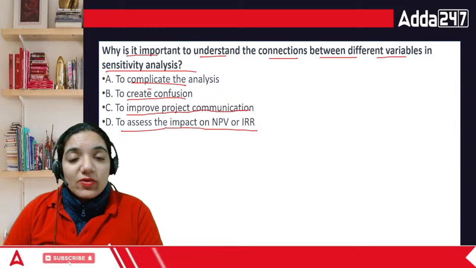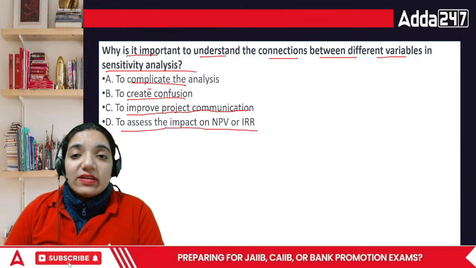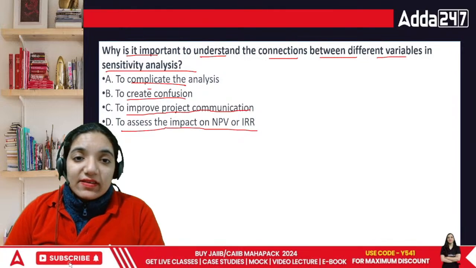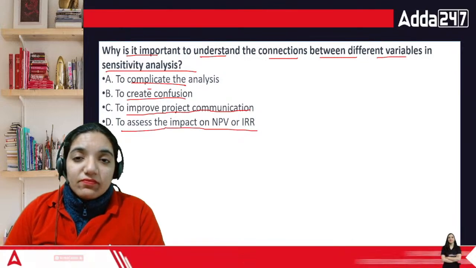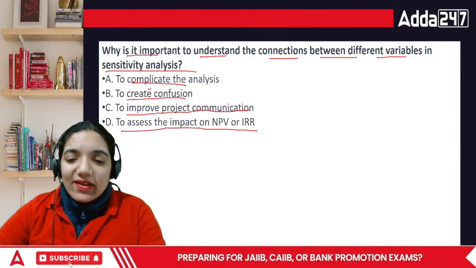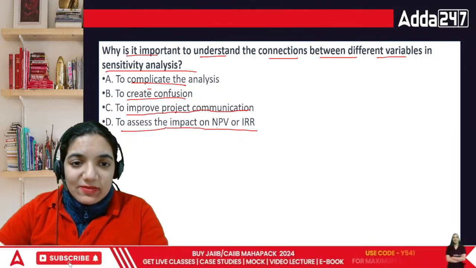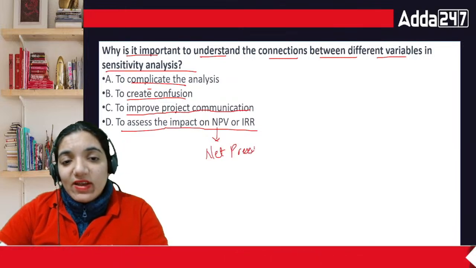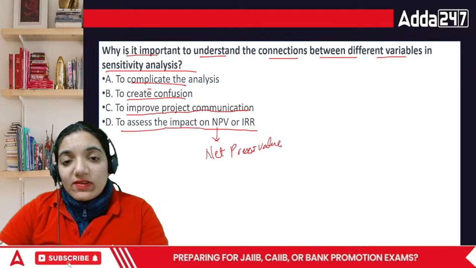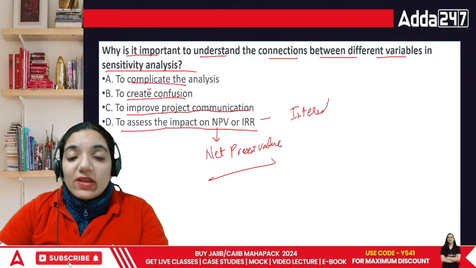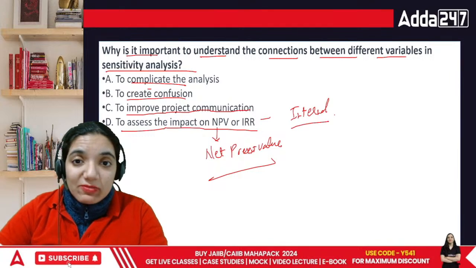Why is it important to understand the connections between different variables in sensitivity analysis? We need to have it when we're trying to find the NPV or IRR. Whenever we are trying to find the net present value of something, or the internal rate of return, at that point of time we need to know what the variables are.